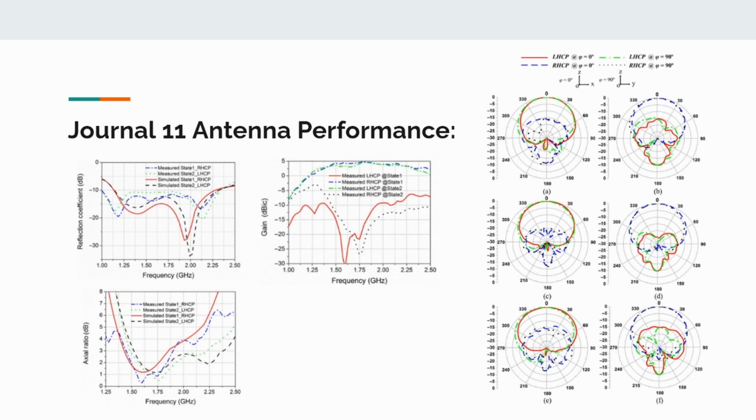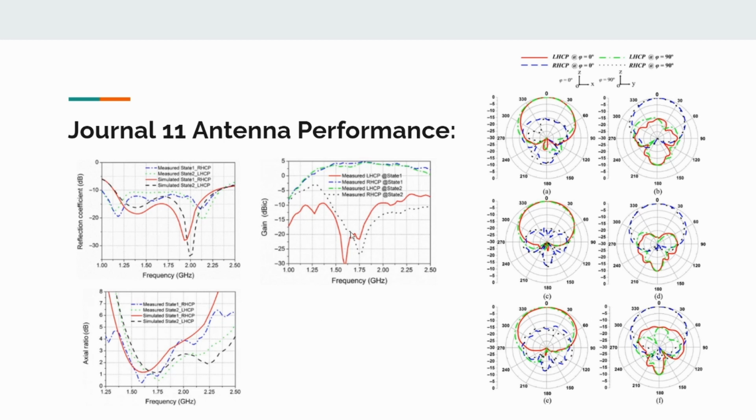The measured AR bandwidth for the LHCP mode is 37.8% from 1.5 to 2.2 GHz, and the corresponding value for the RHCP mode is 26.9% from 1.45 to 1.9 GHz. The overlap AR bandwidth for both modes is 23.5% from 1.5 to 1.9 GHz.